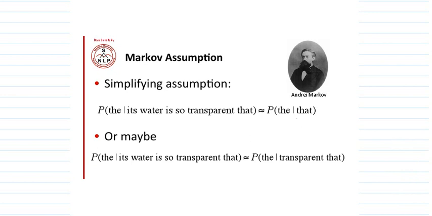So this is an assumption, right? This can be called the bigram probability, and this one the trigram probability.